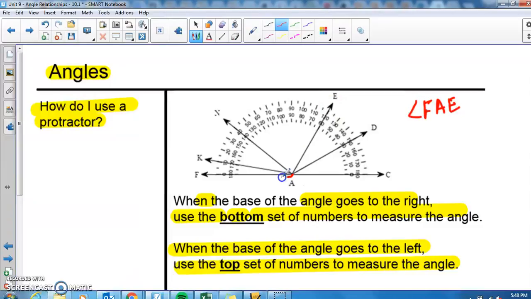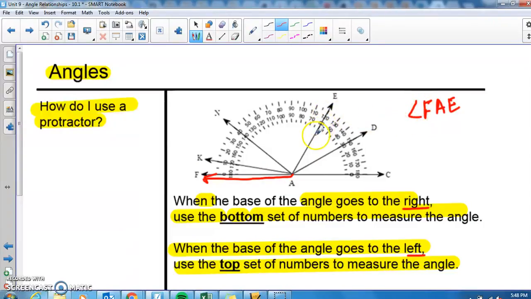The only thing I'm going to mark here is this bottom base so we can show which direction it's going. This bottom base is pointing to the left. So since it's pointing to the left, I'm going to use the information that says when the base of the angle goes to the left, we're going to use the top set of numbers. If I measure angle FAE, this symbol represents angle.